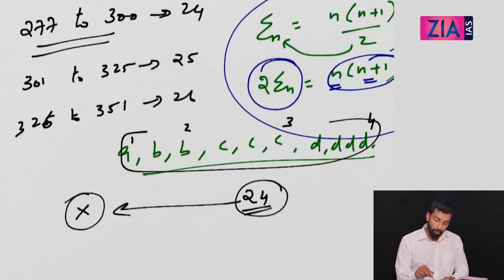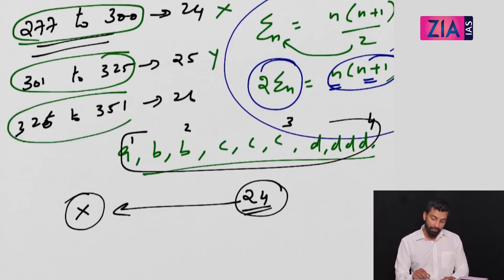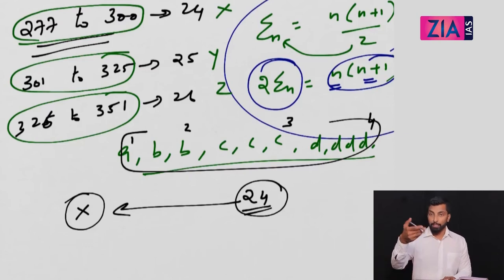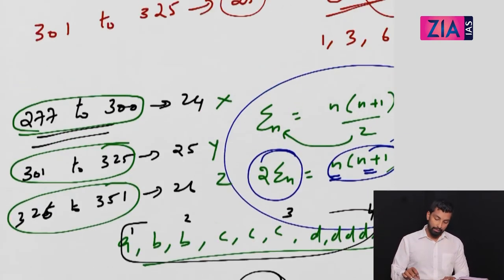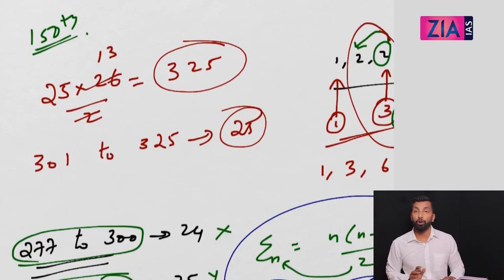X. So if 277 to 300, the answer is X. 301 to 325, the answer is Y. 326 to 351, the answer is Z. I hope this is clear for all of you. Now smaller numbers also they can ask you. They can ask you the 150th term also, so you can find the answer based on that. I hope this is clear for all of you.